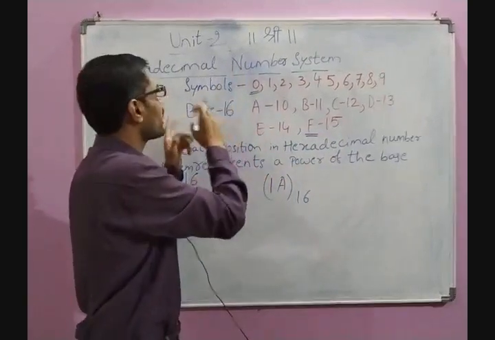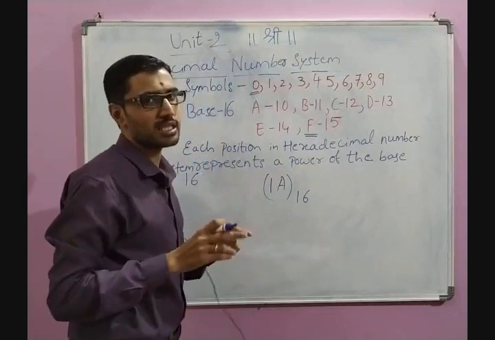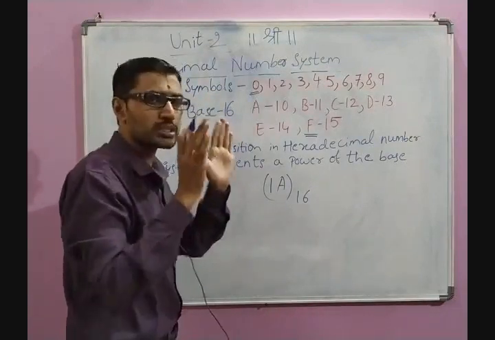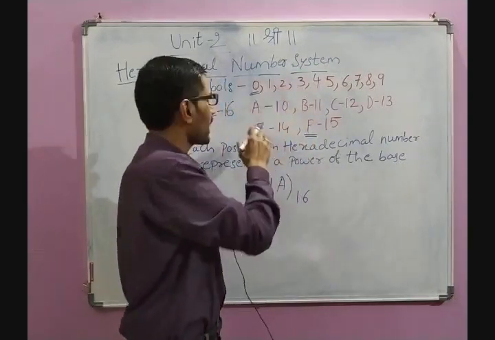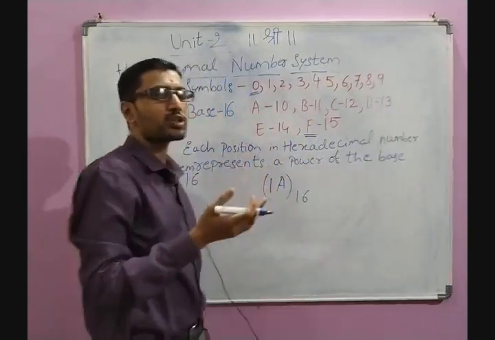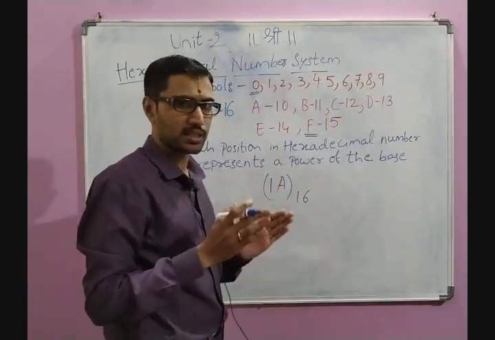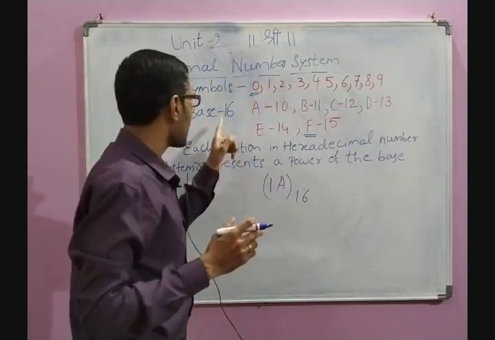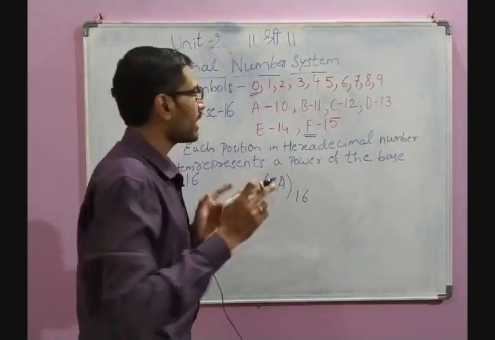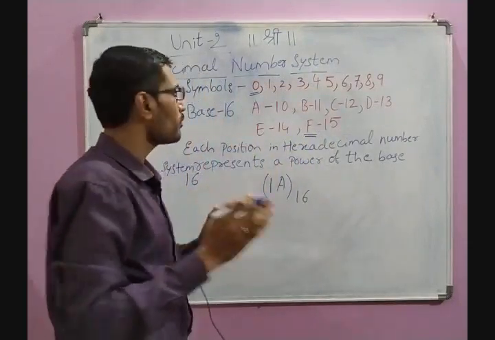That's why we refer to these as symbols. They need not be digits themselves; they can be digits or alphabets. In binary, octal and decimal we have only digits, but in the hexadecimal number system the base is 16, so we should have a total of 16 symbols.